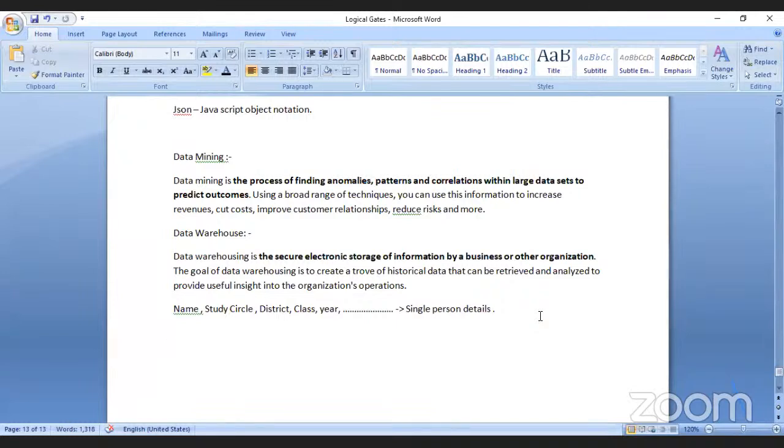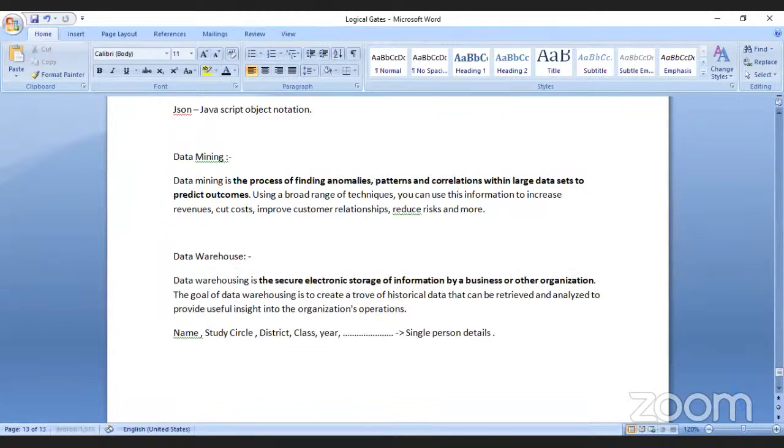It also finds anomalies, patterns and correlations. I'll tell you what anomalies mean: basically mistakes. Only when correct data is available am I able to get the correct result.